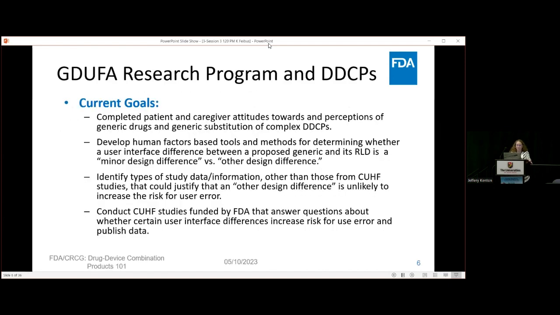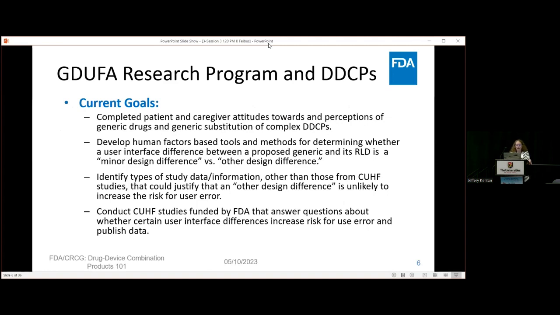So here are our current goals. We have now completed the patient and caregiver attitudes towards and perceptions of generic drugs and generic substitution studies, so we'll talk about that a little bit today. We're also going to talk about developing human factors-based tools and methods for helping industry and ourselves to better define and determine what is a minor design difference versus another design difference for particular types of products.